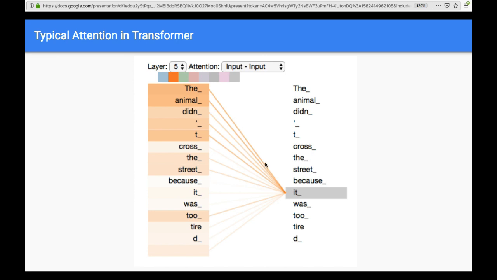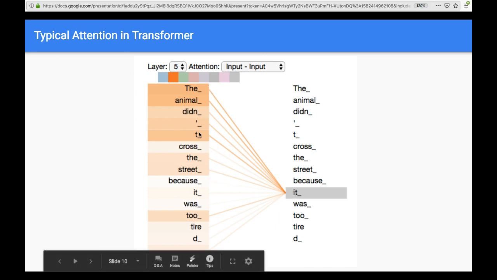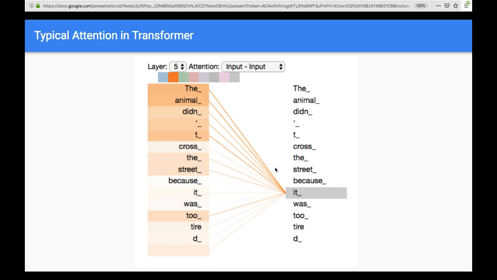But how does the BERT model or transformer model generate this representation? Let's say this transformer model has already generated the representations for these previous words, and you want to generate a representation for the word it. What it does is look at the other tokens in the sentence to see which tokens are more important for the word it, because you already learned certain relations between words, and you roughly know it is the pronoun which represents the animal, so it will pay more attention to the animal.